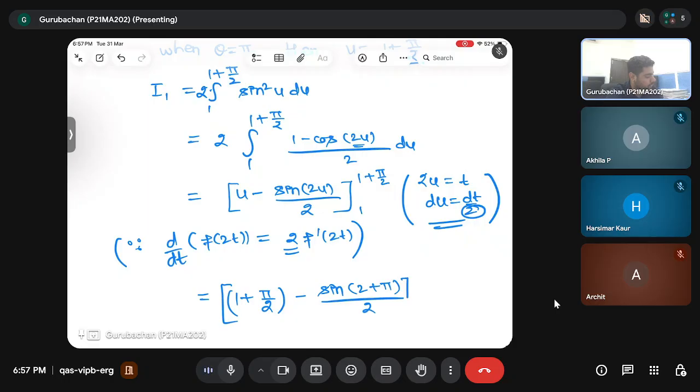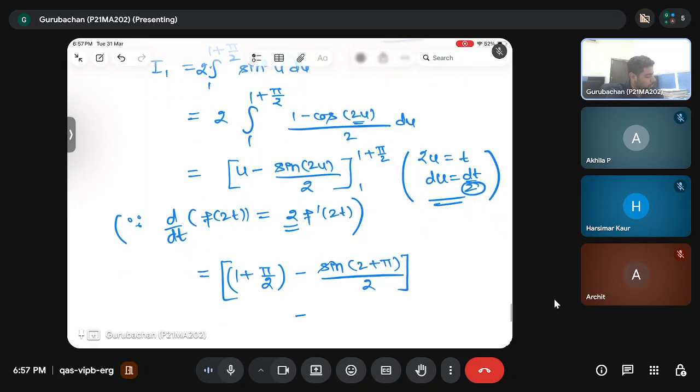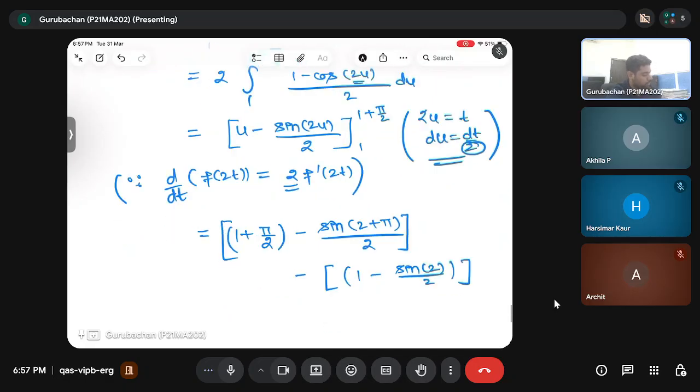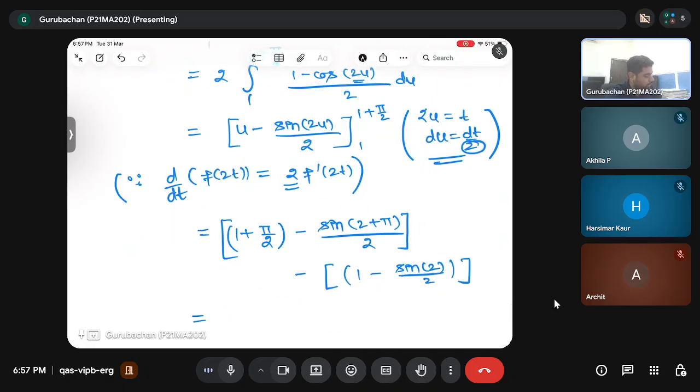Upper term is this, minus lower term, which will be 1 minus sine 2 divided by 2. So from here you will get pi by 2 minus sine (2 plus pi) by 2, plus sine 2 by 2.